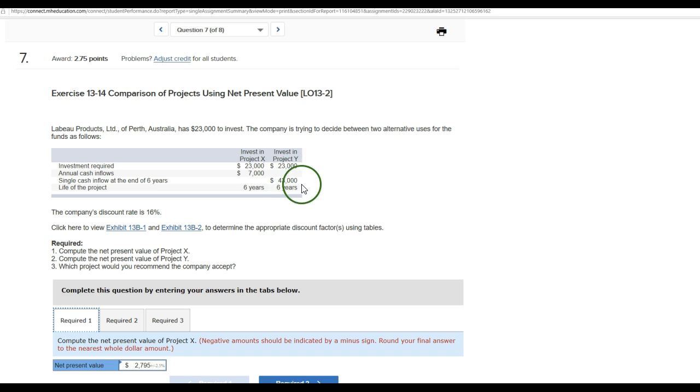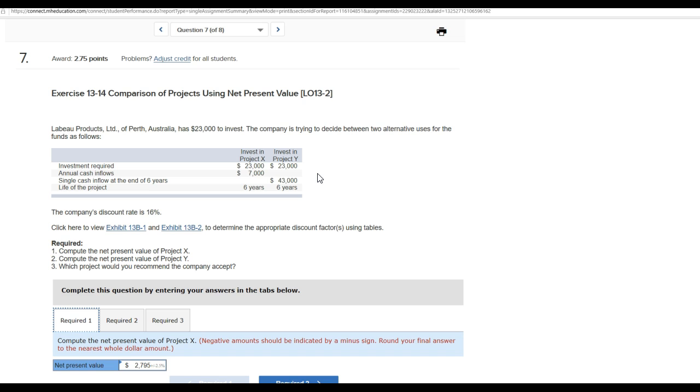Project Y generates a total of $43,000 in one lump sum at the end of 6 years. So you can see the difference between the two. Project X generates cash flow every year for 6 years and nothing at the end, no lump sum at the end. Whereas project Y does not generate any cash flow each year for 6 years, but does generate a one lump sum amount of $43,000 at the end of 6 years.